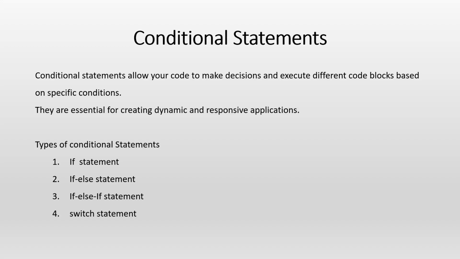Conditional statements allow your code to make decisions and execute code blocks based on specific conditions, right? What it is trying to say is, as we write a program, there we write like 500,000 lines, right?